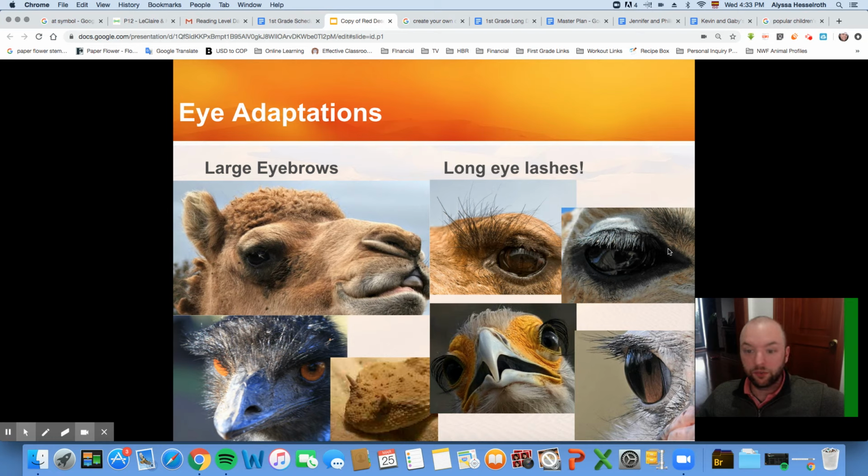This here is a giraffe, and the giraffe has 1, 2 sets of eyelashes that are very long. This bird here is a desert eagle, and look at this bird's eyelashes. It hangs way out over the eye. And this is an ostrich. This ostrich has very long eyelashes on the top, on the bottom, and around its mouth right here.